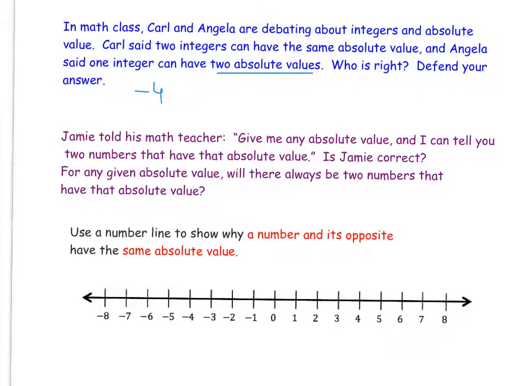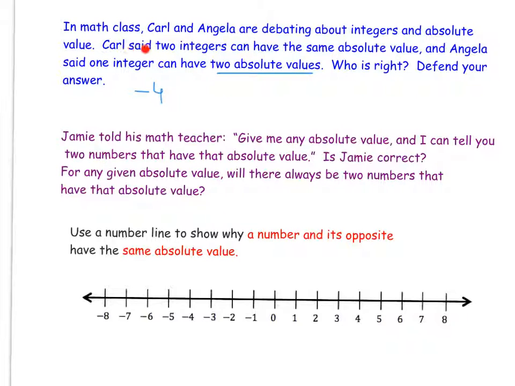If I use this number line, -4, no matter what, is going to be 4 away from 0. So I know that Angela is not correct, because she's saying that one integer can have two different values showing the distance from 0.